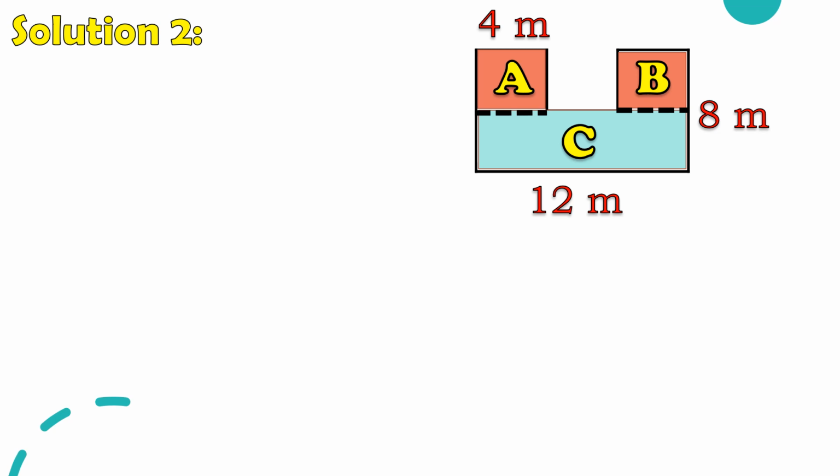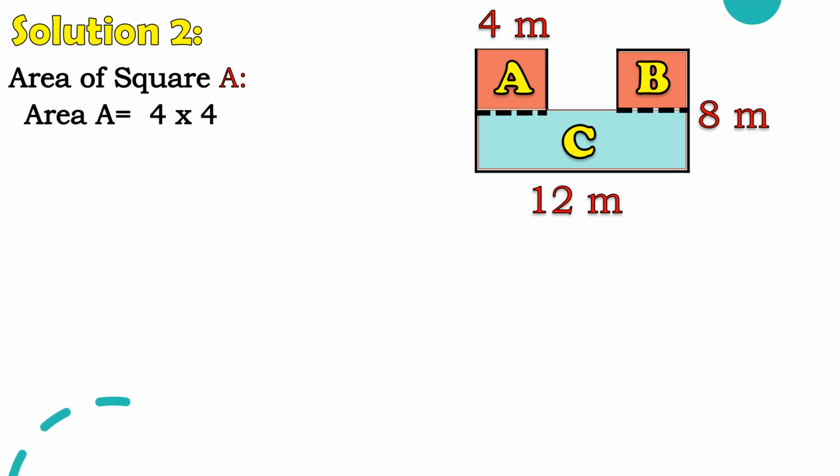So, let us find out the area of square A and square B. The area of square A is 4 times 4. Since ang 4 ay given na sa taas ng square. So, 4 times 4 is 16 meters squared.